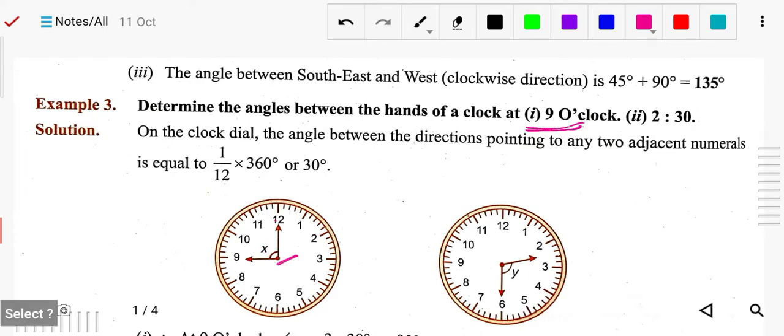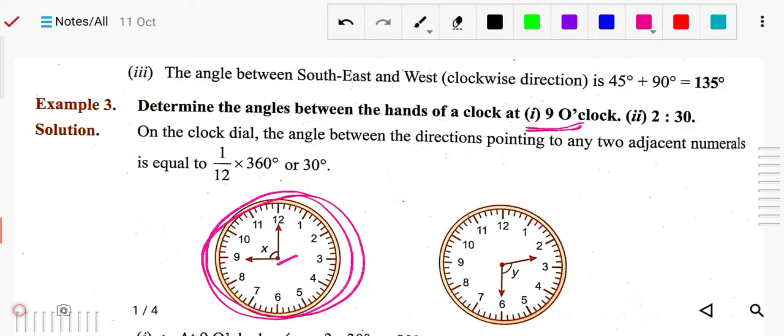There is a concept for this. We know that a complete angle is 360 degrees. Now look at the clock and see how many parts it is divided into. There are a total of 12 parts.